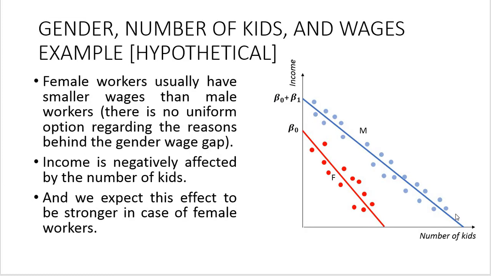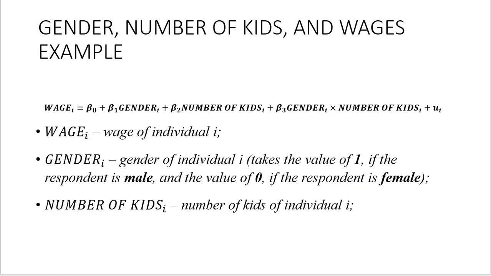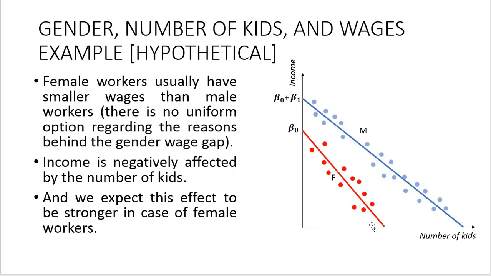That's why the value of the slope here is smaller in comparison to females. So in our case, beta 2 will be bigger than beta 2 plus beta 3, again, if beta 3 is indeed negative and statistically significant. That's why for females, income will decrease faster depending on the number of kids.